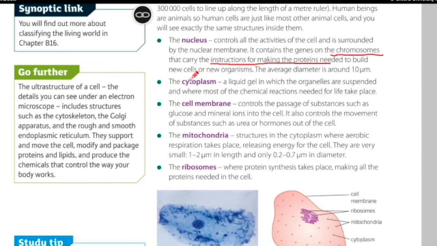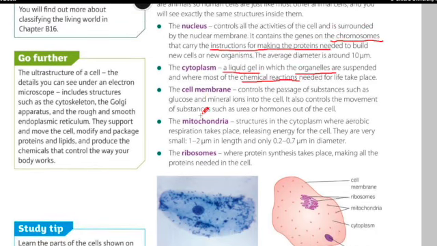Next thing is cytoplasm. Cytoplasm is a jelly-like material, a liquid gel. Inside the cytoplasm, you have a lot of organelles and tiny bits. So that's where the chemical reactions take place.